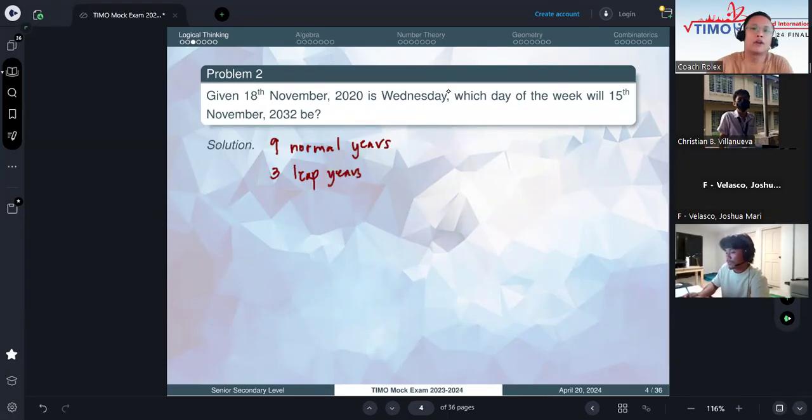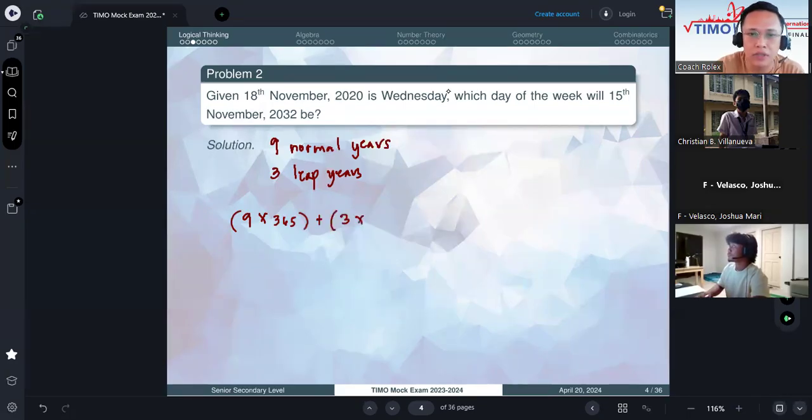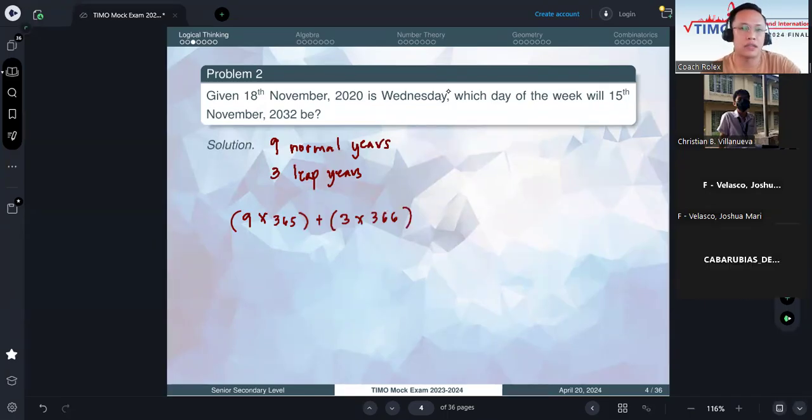Now for the 9 normal years, you take 9 times 365. And you add the 3 leap years times 366, because every leap year is assumed to have 366 days.